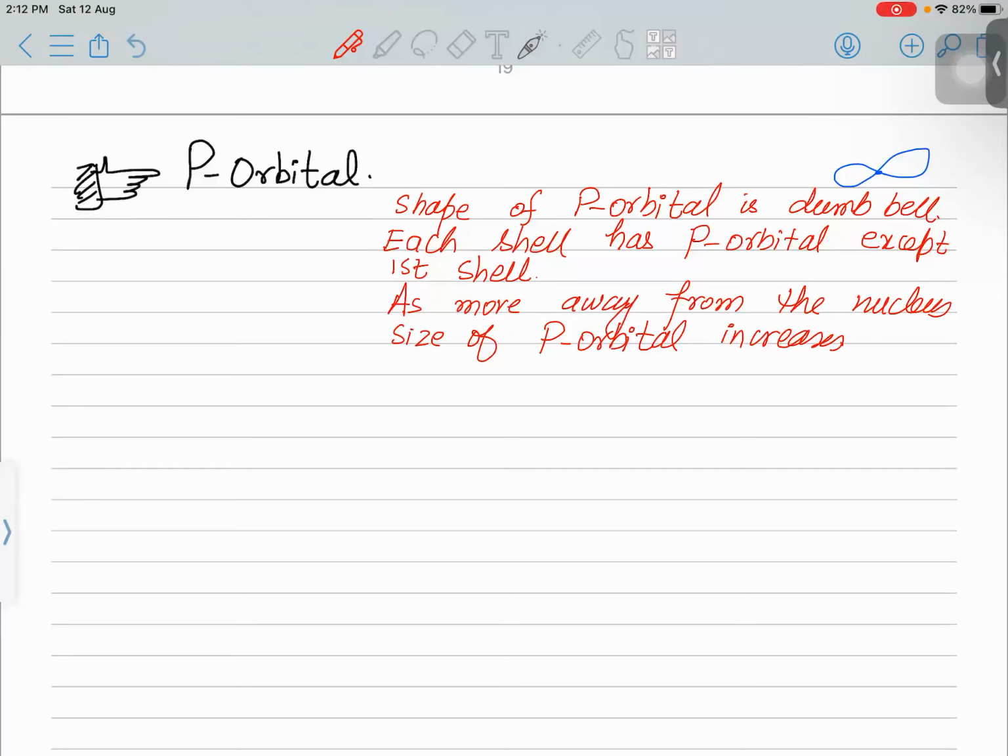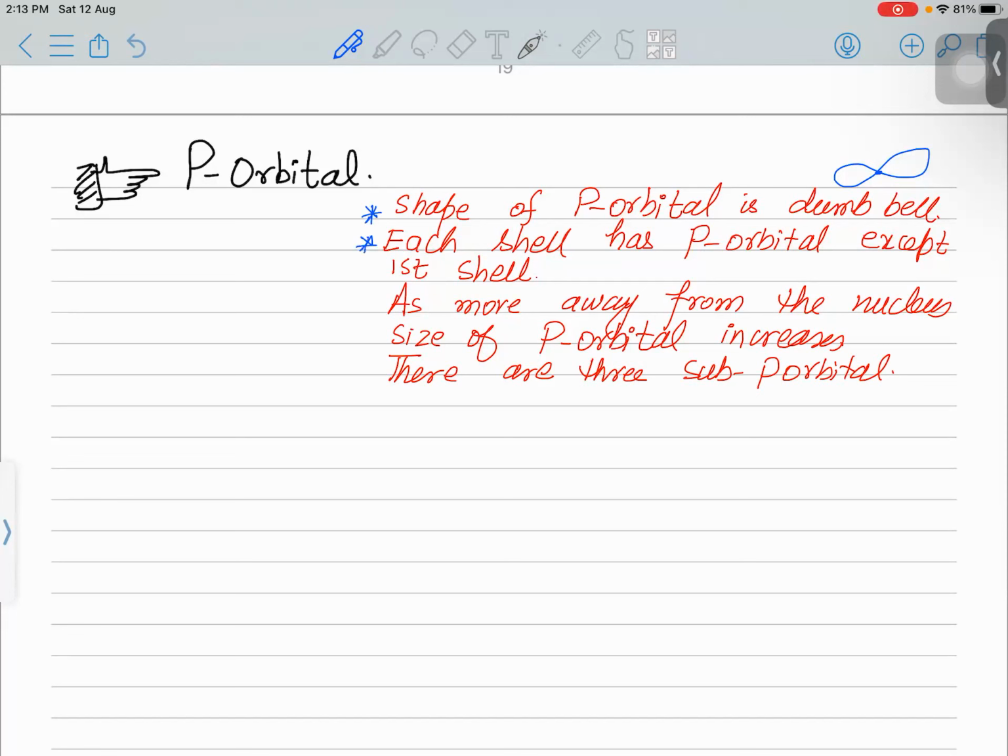Next point: there are 3 sub p orbitals. So the shape of the p orbital is dumbbell. Each shell has a p orbital except the first one.